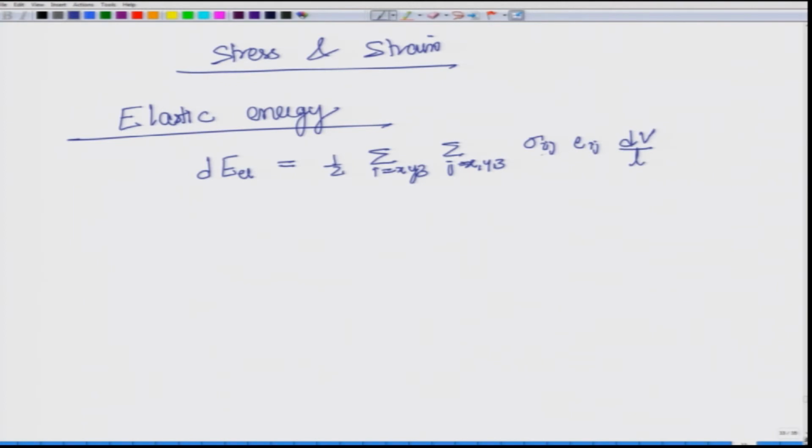So, the corresponding stress and strain components you multiply and into the volume dV, and since we are talking about energy per unit length, we will have to divide it by L. So, this gives us the elastic energy per unit length for a dislocation line once we have the stress field and the strain fields, and the only thing that we need to do is basically multiply the corresponding components. So, now let us take it further and see how it comes out for screw dislocation.